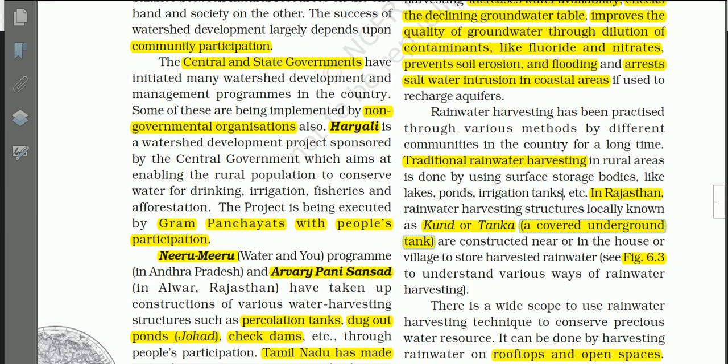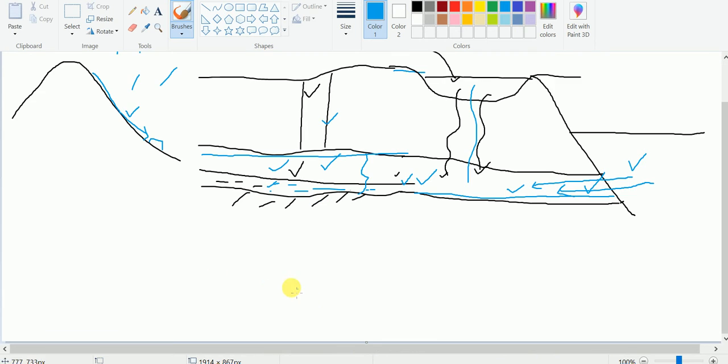So the tank may be constructed near the house. Say for example, this is the house, and this tanka may be constructed nearby the house, or it may be constructed here, and most of the tankas are underground.